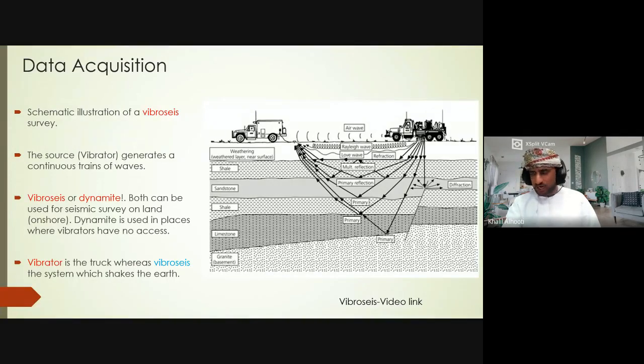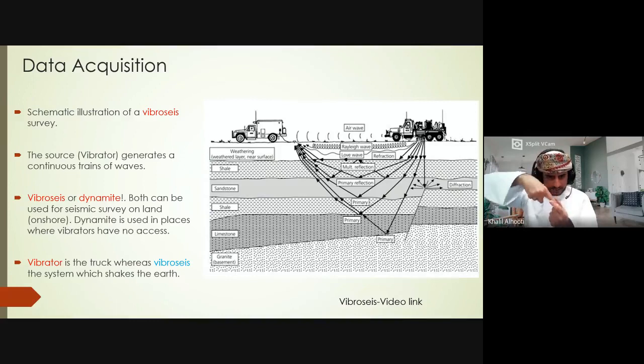So how to avoid them can be done in one way. A geophone has a spike and some small equipment. The spike, we put it in the ground, and the other part, the mechanical part, will be on the surface of the earth.